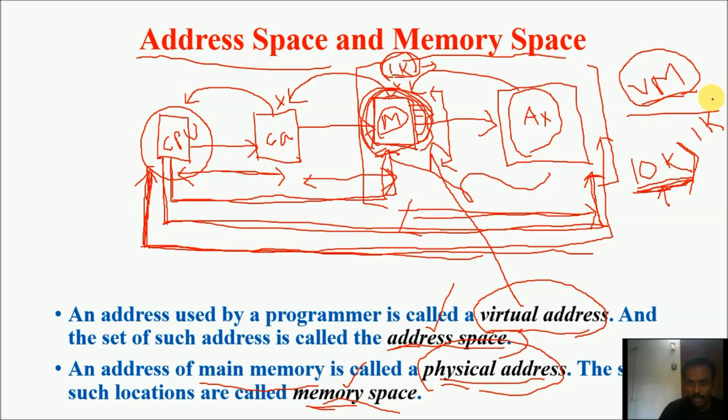Now you can say your computer uses the virtual memory technique. Virtual memory is a combination of software and hardware. With the help of some software and hardware, the virtual memory concept can be implemented in your system.